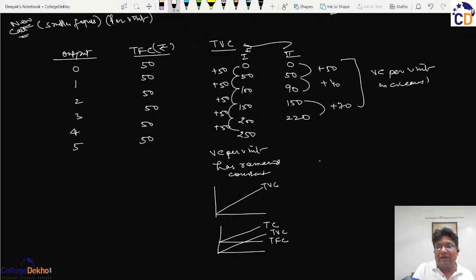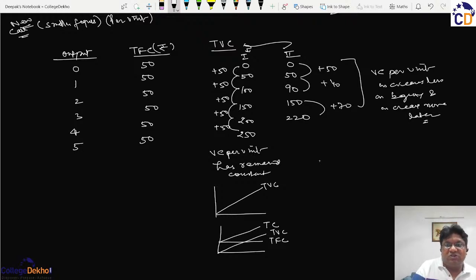So what it justifies is that the variable cost per unit increases less in the beginning and increases more later. It means the total variable cost is increasing in proportion to the quantity. So it justifies that the total variable cost is a function of, or directly proportional to, the quantity, but the variable cost is not increasing at the rate it was in the beginning.